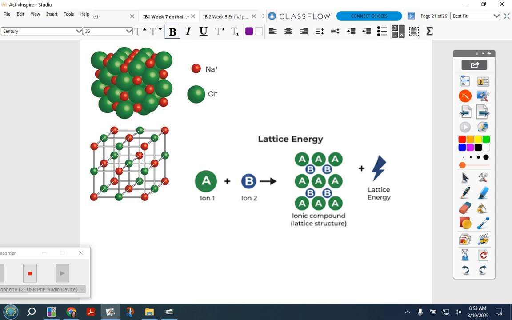So we don't have bond enthalpies for ionic compounds because there's not a covalent bond there. But there's something sort of similar that we can talk about, which is lattice enthalpy, or lattice energy.